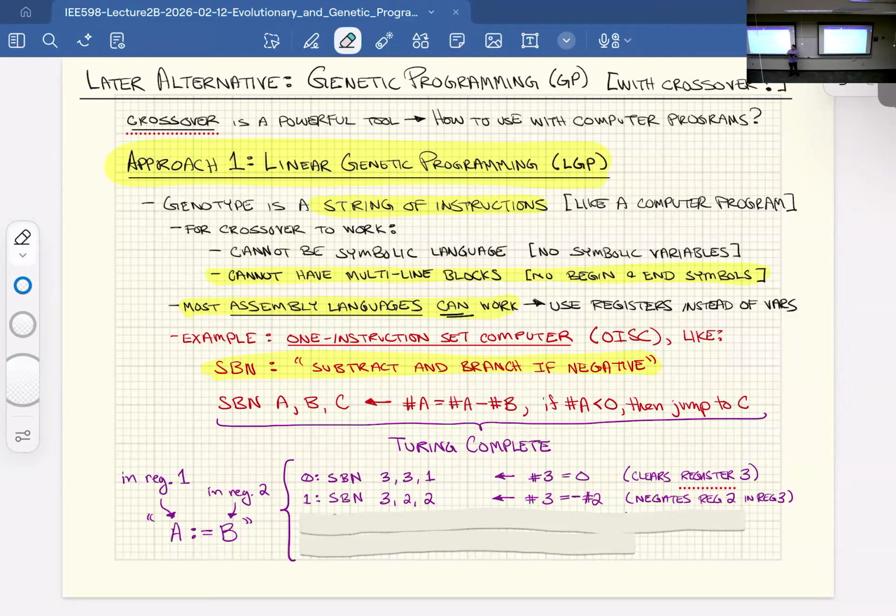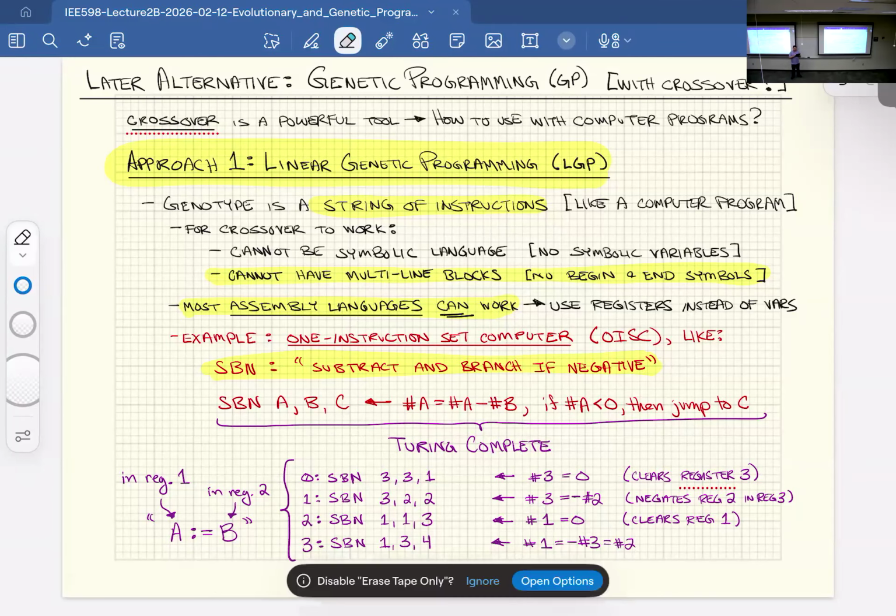So that's going to take the contents of register 3, which is 0, and subtract the contents of register 2. So now register 3 stores the negation of register 2. And then regardless of whether that's negative or positive, it goes to the next line. Then I take the contents of register 1 and subtract from those the contents of register 1, clearing register 1.